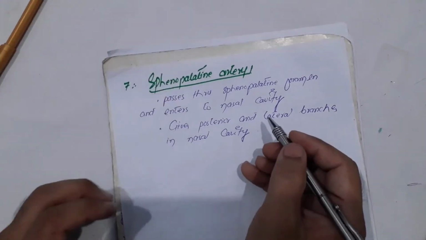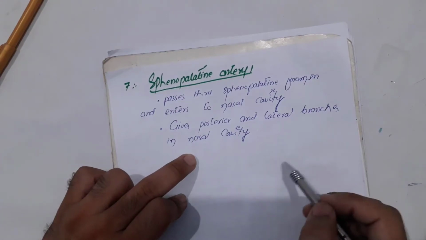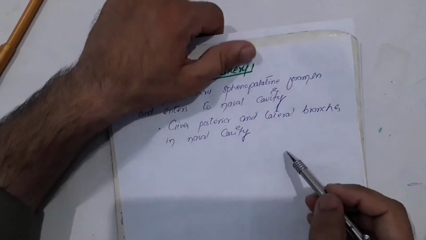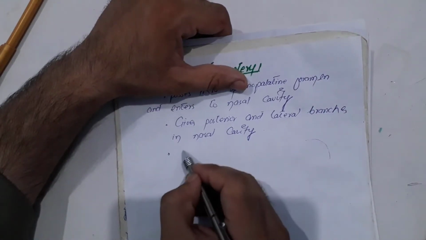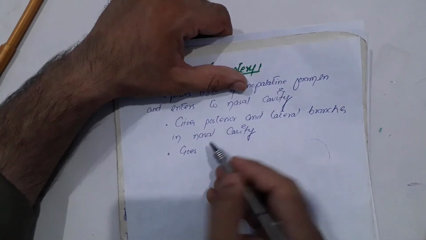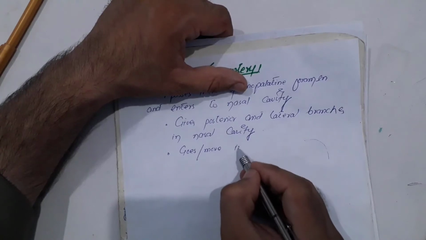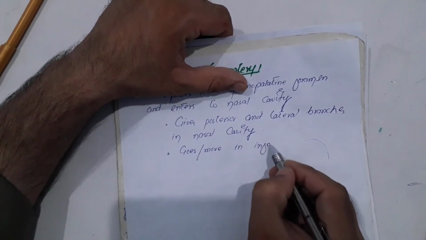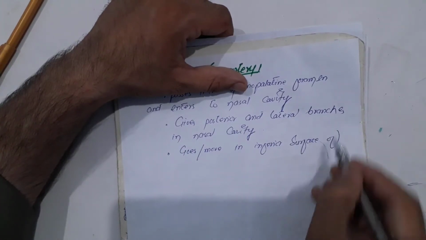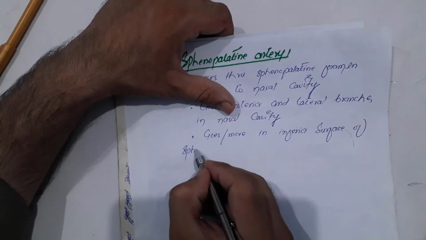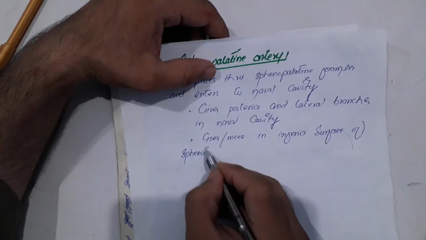Okay, then after it gives these branches, it goes a little inferior, onto the inferior surface of the sphenoid bone, right? That's why we call it spinopalatine, from the sphenoid bone.